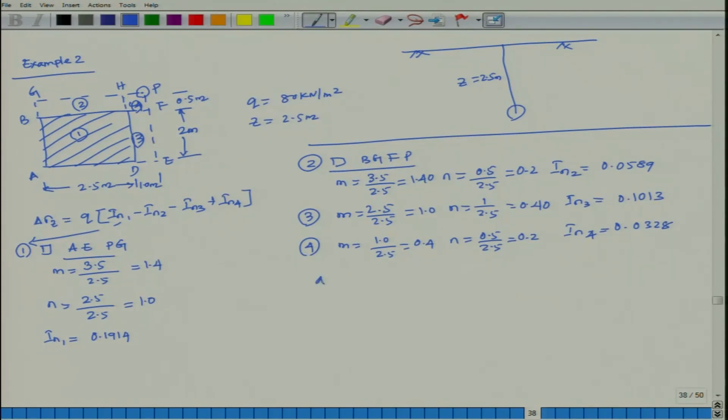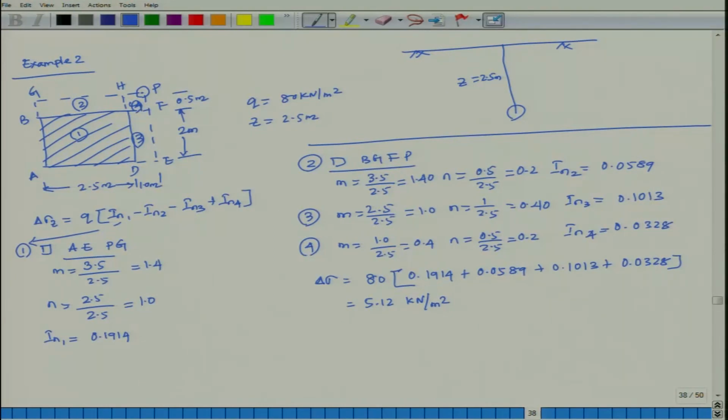So, then delta sigma is equal to Q into I_n1, which is 0.1914, plus I_n2, 0.0589, plus I_n3, 0.1013, plus I_n4, 0.0328, which comes out to be 5.12 kilonewton per meter square. Are you getting this?